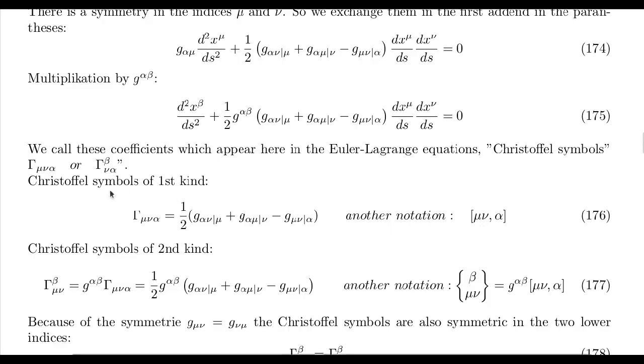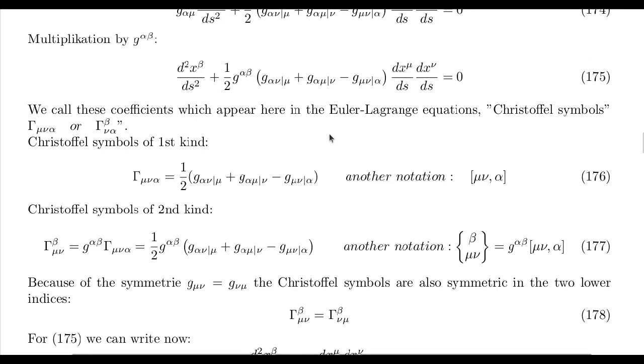We will use the capital gamma here in our lecture series. The indices we see here at gamma, or here in the brackets, it's the order of the indices: mu, nu, alpha, and here in the brackets, mu, nu, alpha.